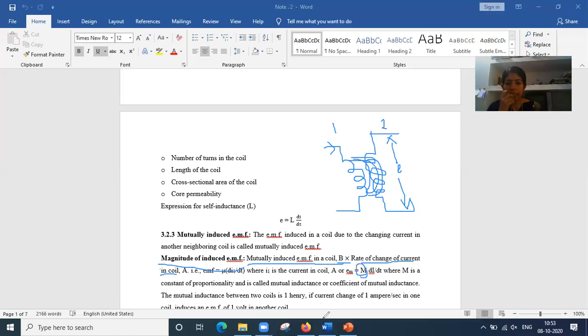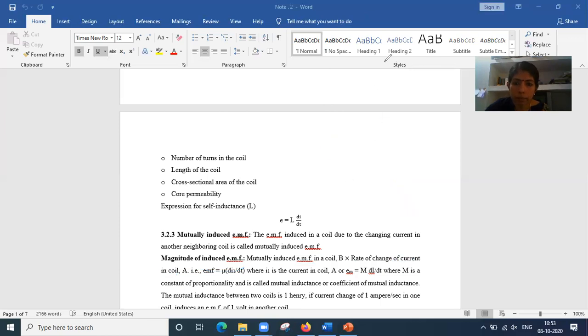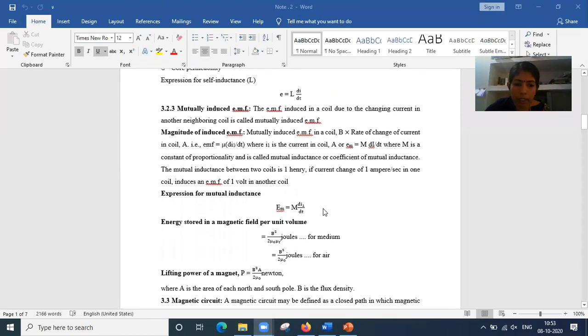That is the magnitude of the induced EMF in the second coil: the mutually induced EMF in coil B due to the rate of change of current in coil A. The expression of mutually induced EMF is E_M equal to M into di by dt, mutual inductance M times the rate of change of current in the first coil.